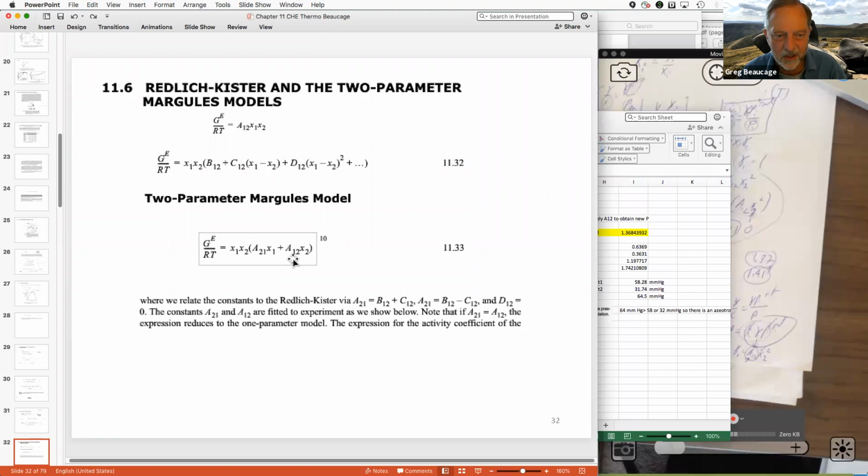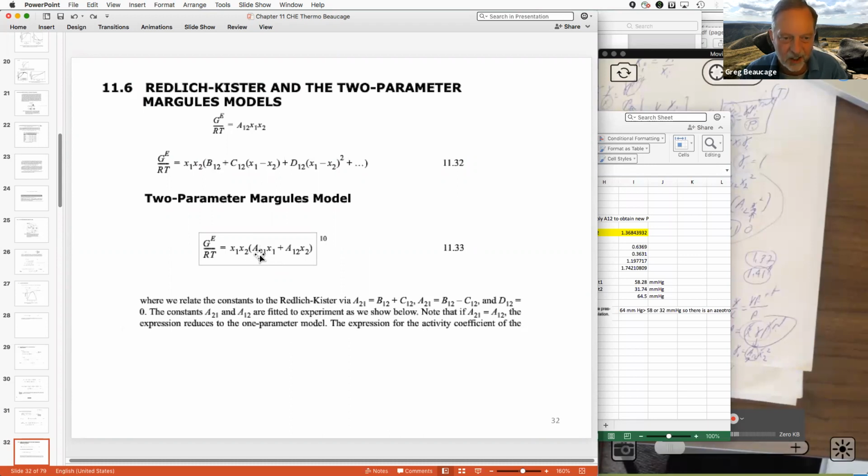A21 goes with X1, A12 goes with X2. But the way this works out, the B12 isn't the same. So A21 is B12 plus C12, A12 is B12 minus C12, and D12 is 0. So you can convert from the Kister to the two parameter Margules.